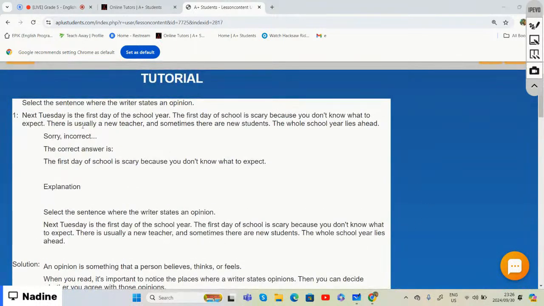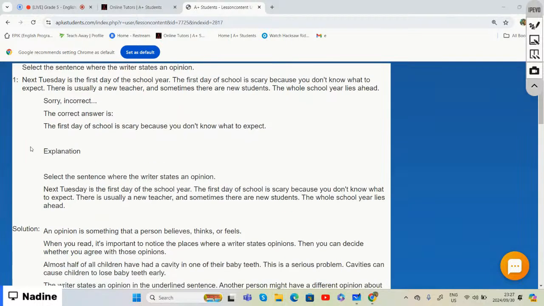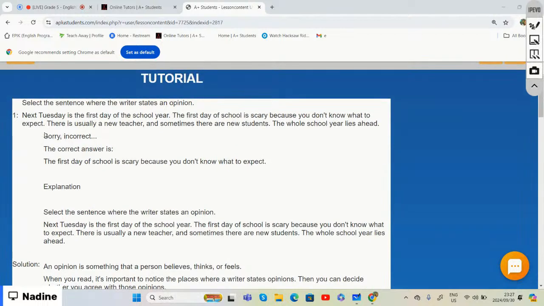So now we're going to look at the sentences. I'm going to read statements or sentences, and you're going to select the sentence where the writer states an opinion. It says, next Tuesday is the first day of the school year.